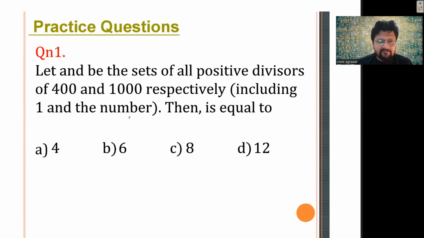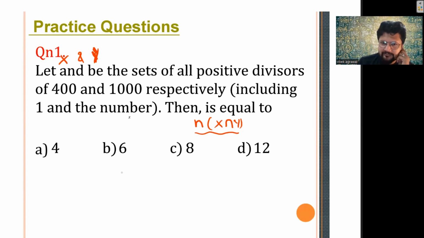Let X and Y. There is something missing. Let X and Y be the sets of all positive divisors of 400 and 1000 respectively, including 1 and the number. Then the number of elements in X intersection Y is. You have to tell what is X intersection Y.